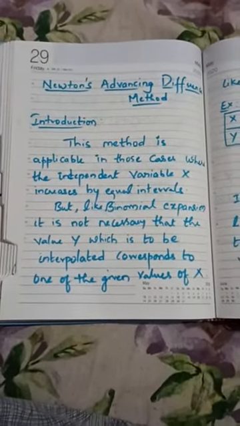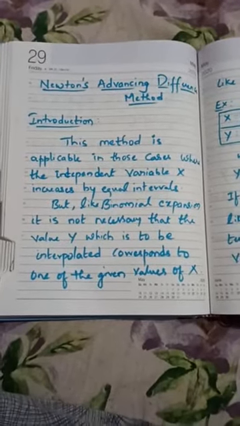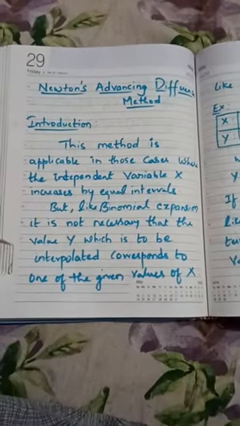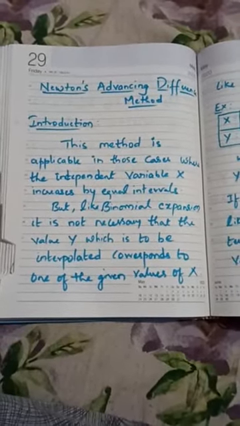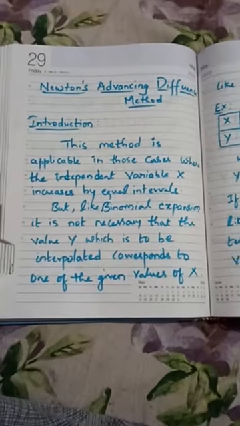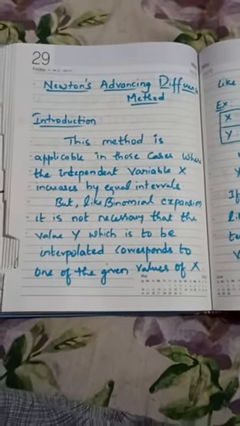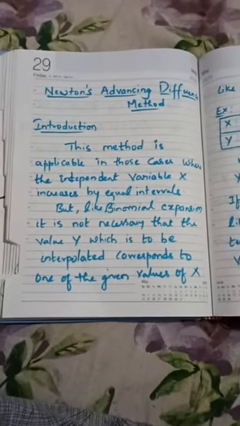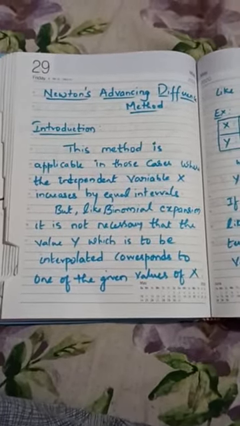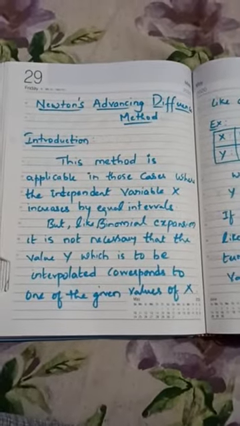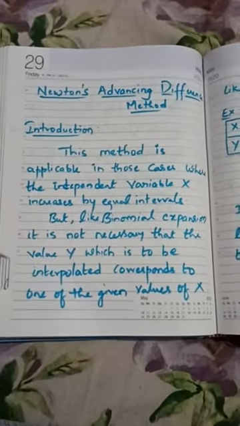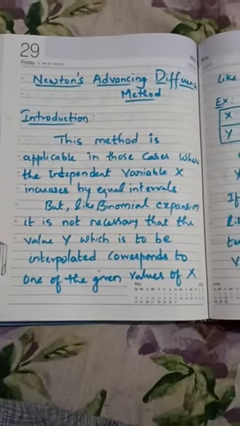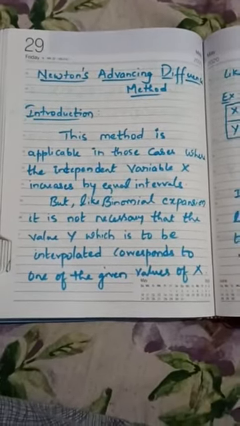Same as we observed in binomial expansion, there must be a common difference among the independent variable x, in increasing order with equal intervals. The same condition applies even in Newton's method. Common difference must be there, and it should be in increasing order with equal intervals. So the same concept will be observed in Newton's method also.